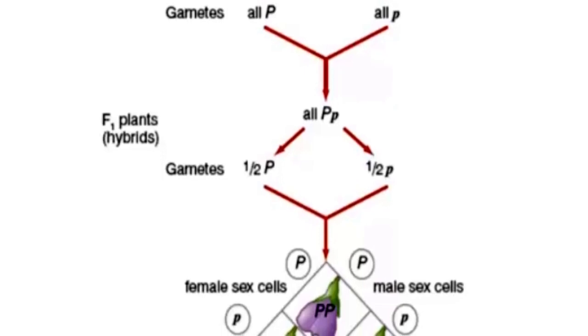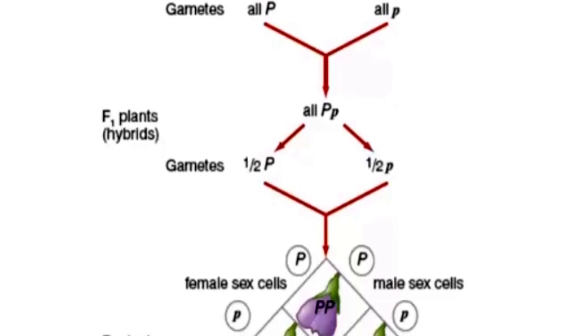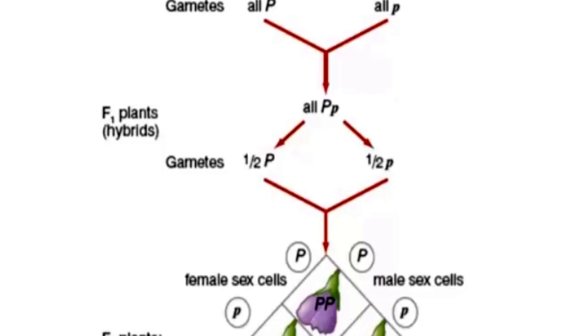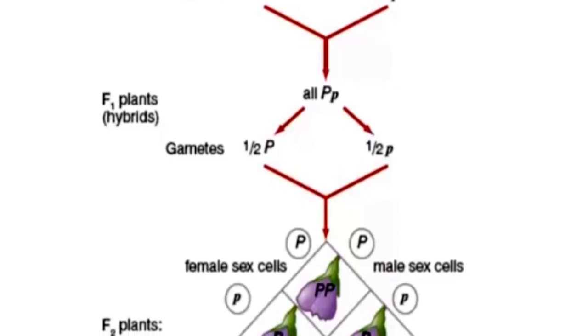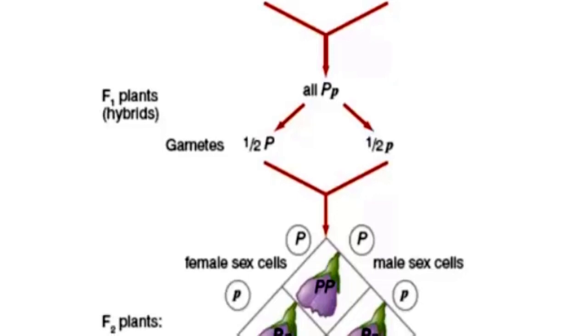Phenotypically, if we consider the phenotypic ratio, it would be 3 purple color to 1 white color.